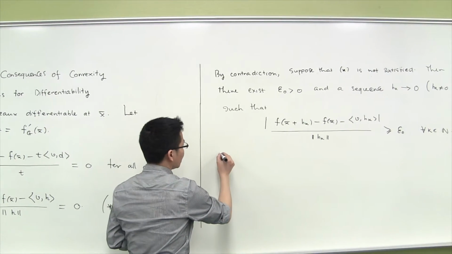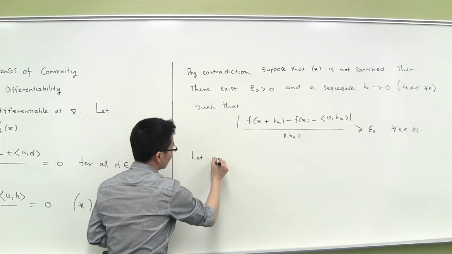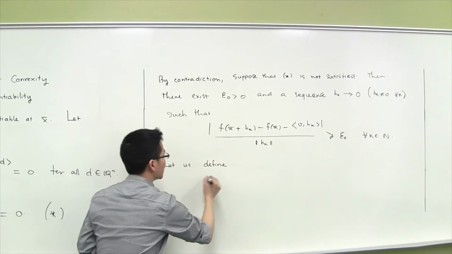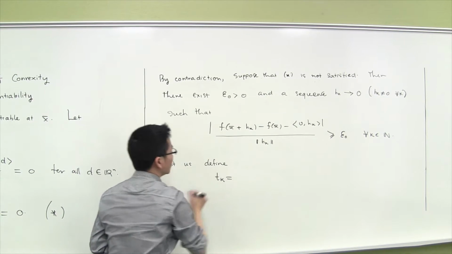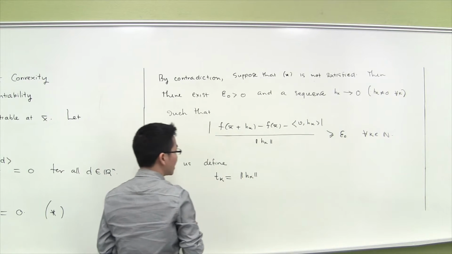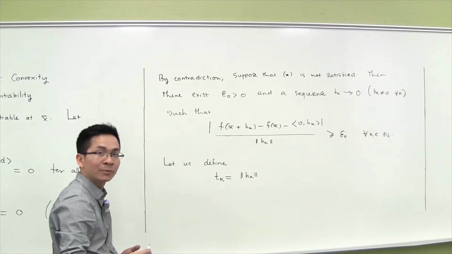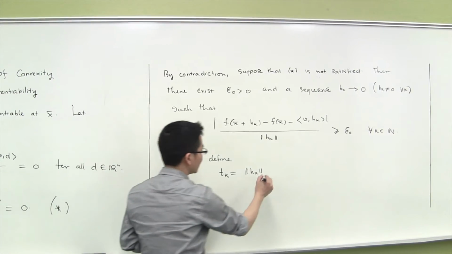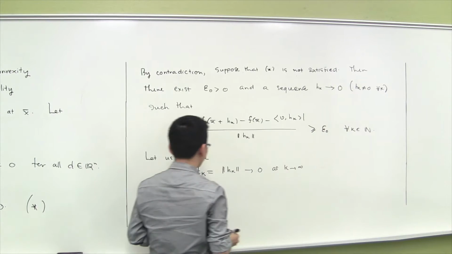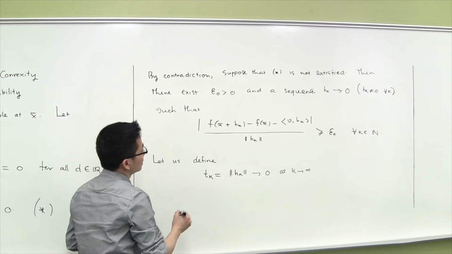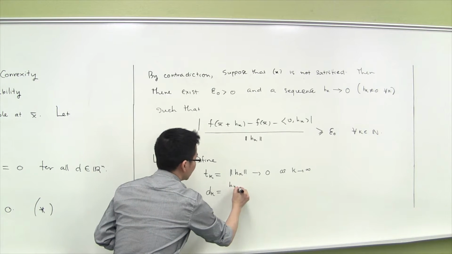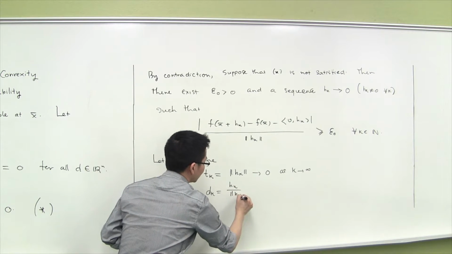Now, let us define tk by the norm of hk. As we know, tk is a positive number for every k, and tk converges to 0 as k approaches infinity. We also let dk be hk over the norm of hk.